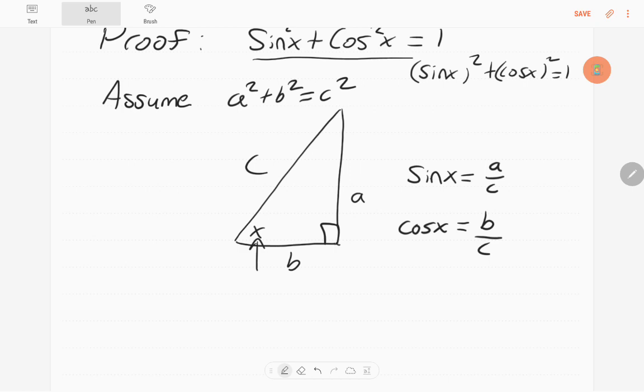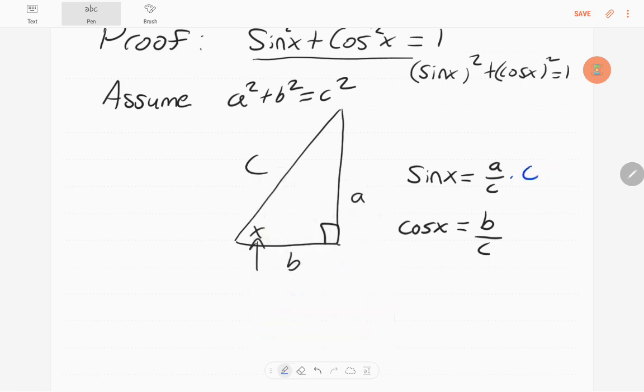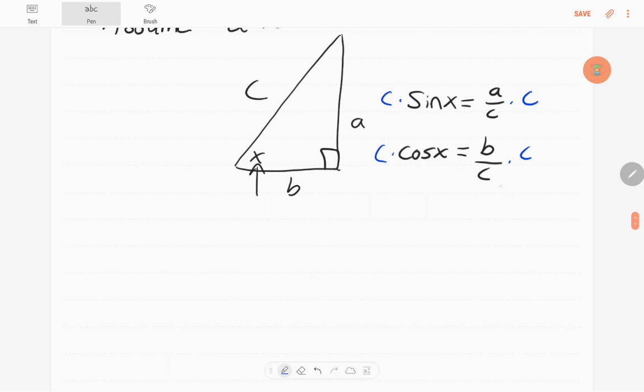What I'm going to do, in a sense, is replace the sides a and b with sine and cosine. To do that, I need to solve for a. So I will multiply this by c, the hypotenuse, and I'll multiply this by c over here. Now I have a new statement: a equals c times sine of x, and the other one is b equals c times cosine of x.